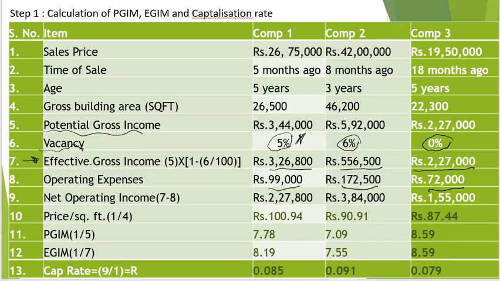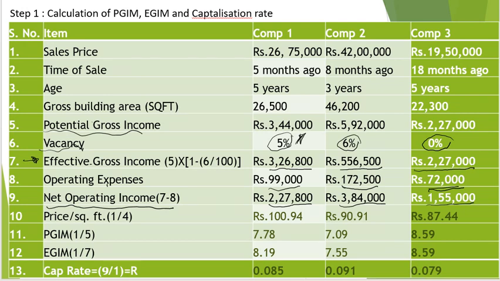From the effective gross income you deduct operating expenses, you get net operating income. So 3,26,800 minus 99,000, it is 2,27,800. 5,56,500 minus 1,72,500, 3,84,000. 2,27,000 minus 72,000, 1,55,000.